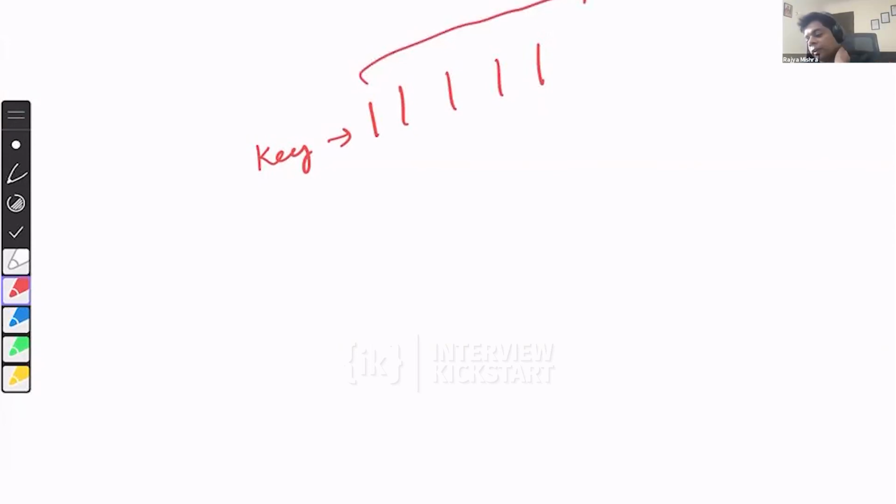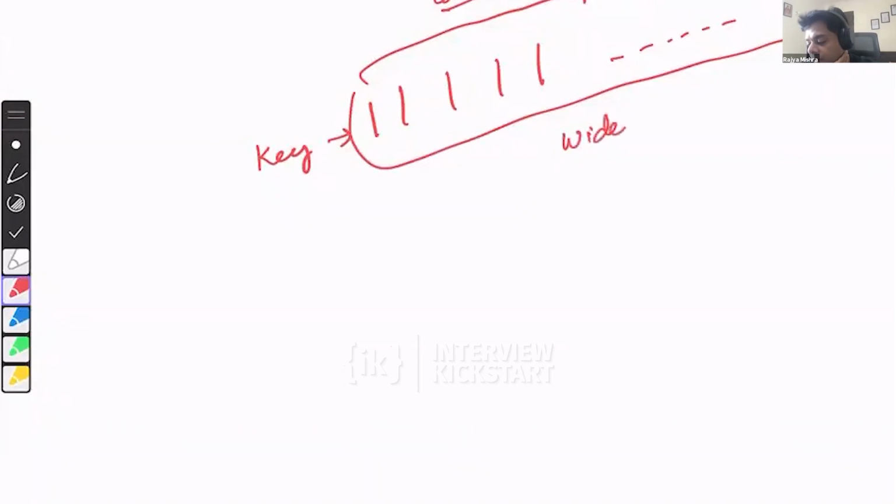I'm not sure about the exact numbers, but I think it was a small number. At that time, they were called column-oriented, columnar databases. And then the next versions and releases of these databases started supporting hundreds of columns. For each key you can have hundreds of columns. And at that time, the terminology wide column database came into the picture because you can have this wide number of columns.